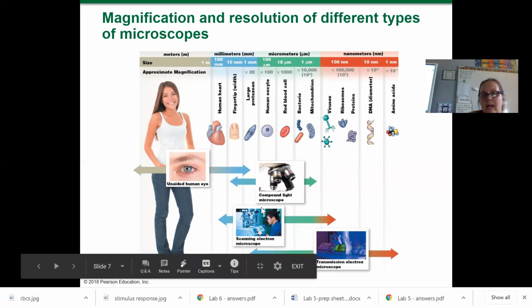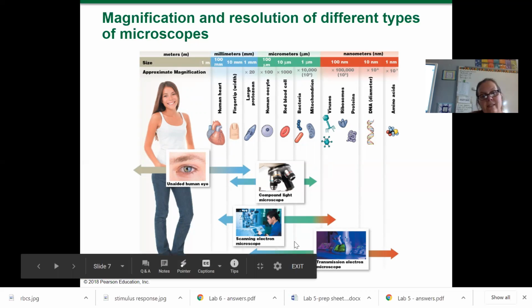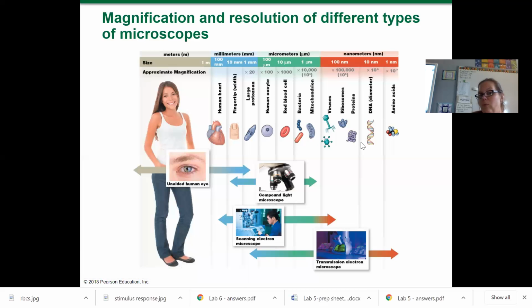If you're looking at something at the organelle level or below, you really need a scanning electron microscope. In the compound scope, we can usually see a nucleus and a cell membrane, but past that, we really don't have many organelles. With plant cells, you can, but this isn't that.